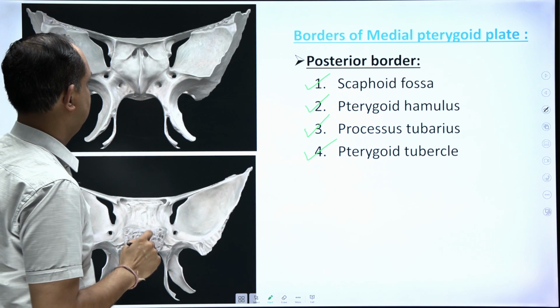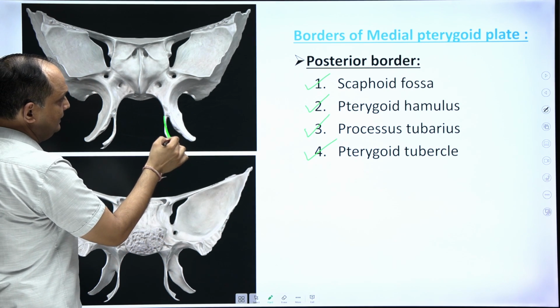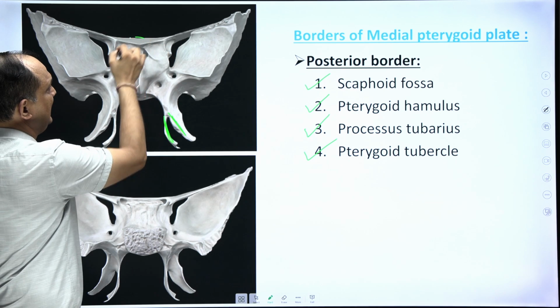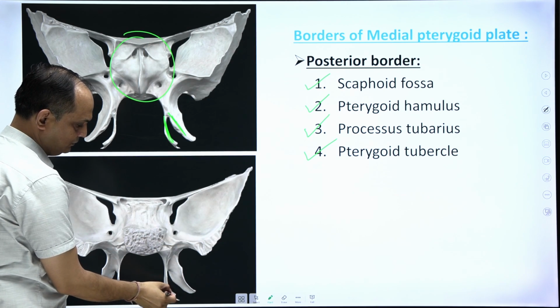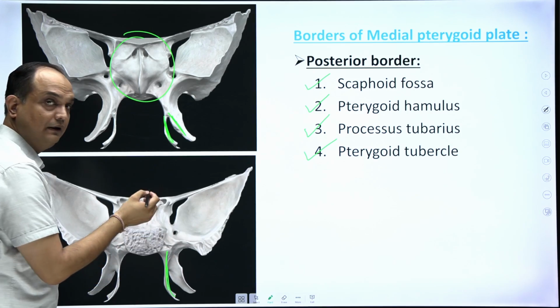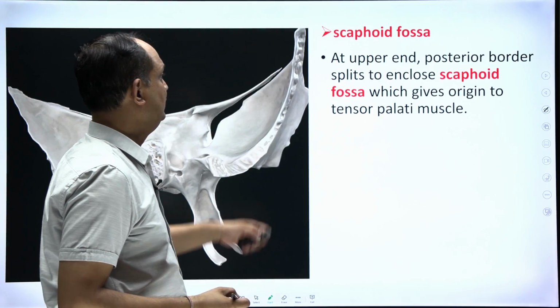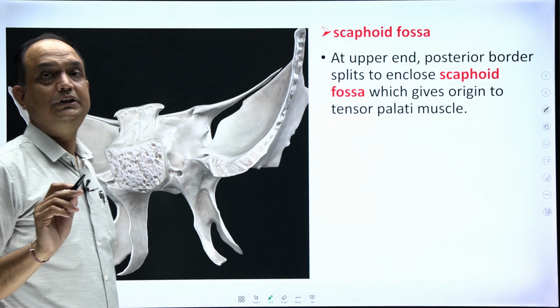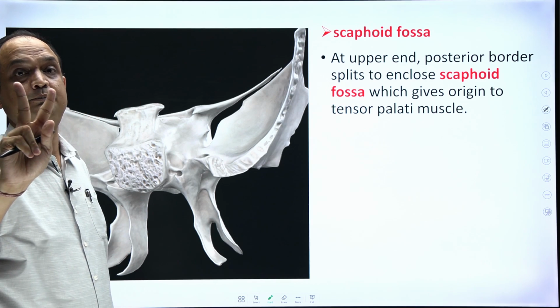So what are these? Here, this is the medial plate, this is the lateral plate, but this is the anterior view. We are talking about the posterior border, so this is the posterior border of your medial pterygoid plate. When you see the posterior border going towards the body, it will show a split.